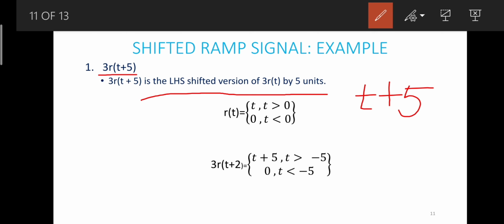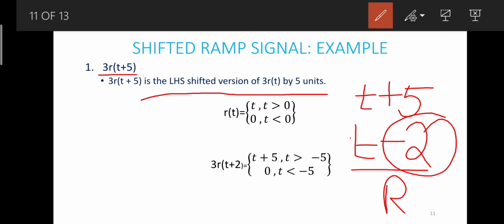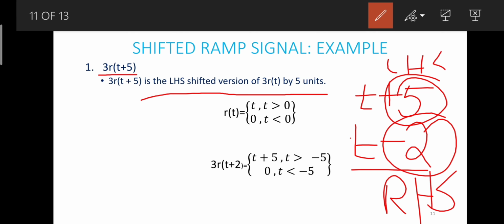Previously we have taken the example as t minus 2. So the minus sign indicates the right hand side shifted version and plus sign indicates the left hand side shifted version. So let's start from the basic equation, that is r of t equal to t for t greater than 0 and 0 for t less than 0.